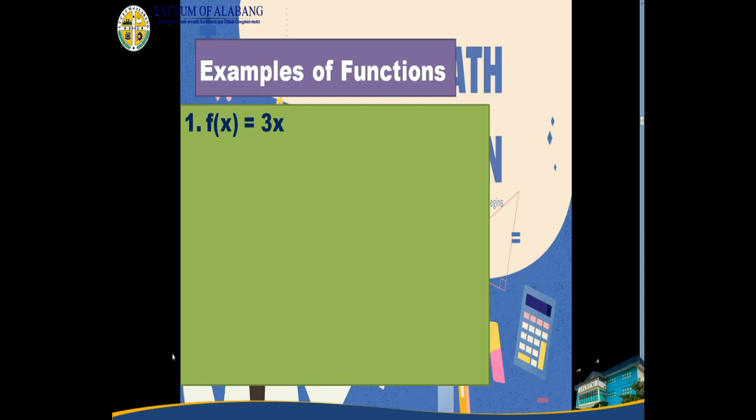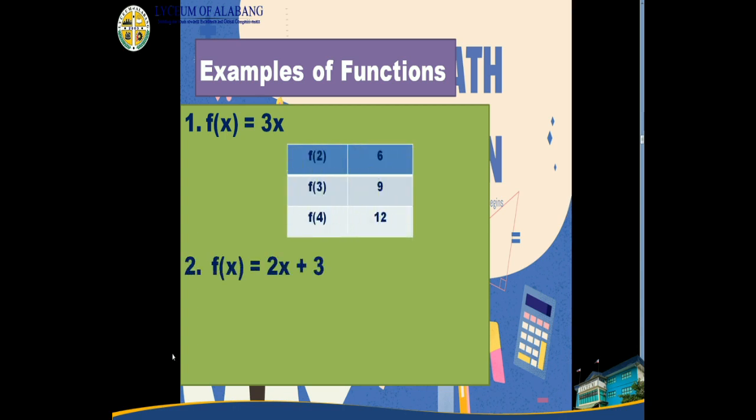The function is to multiply by 3, so for every value that is put in for x, the output or answer will be different. Number 2, f of x is equal to 2x plus 3. The function is to multiply by 2, then add 3. So, for every value that is put in for x, the output or answer will be different.